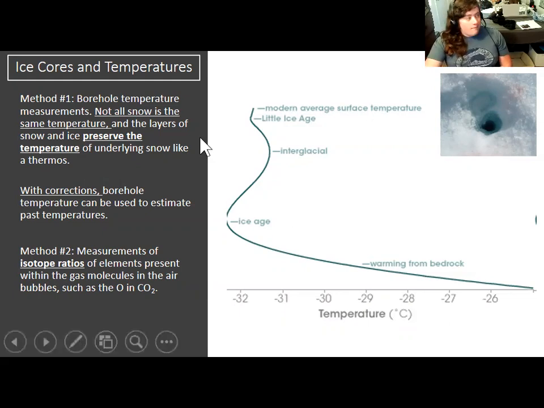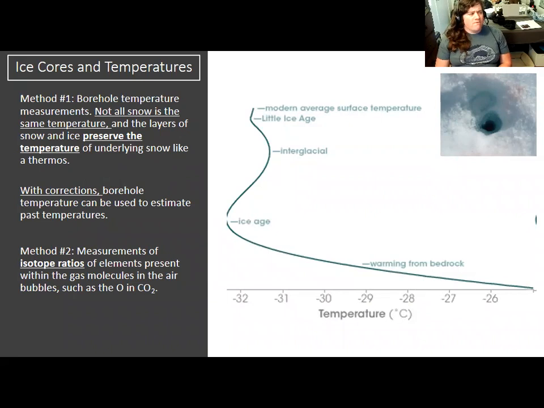And so on this diagram, this borehole temperature reading shows a drop in temperature with a period called the Little Ice Age, which is not technically a glacial period, but it was a brief cold period that started around 1300 and sort of petered out and ended in the 1700s and 1800s. Prior to that, most of human history is distinctly within an interglacial period. And you can see that as you go down, you see the temperatures rising again.